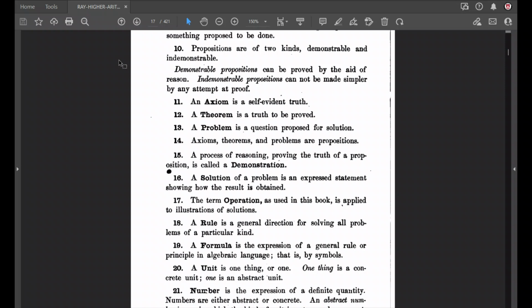There, that's my rule. To find the velocity, divide the distance traveled by the time traveled. That's a rule for how to find velocity.